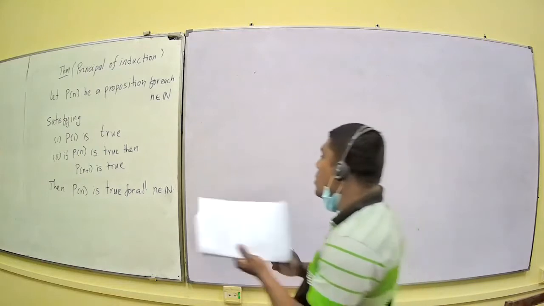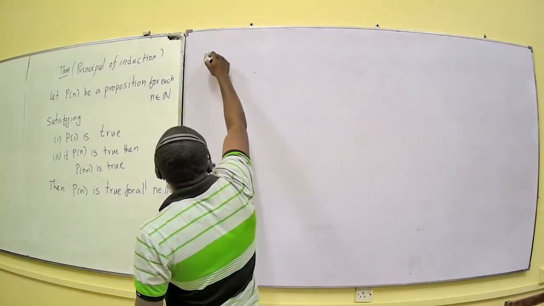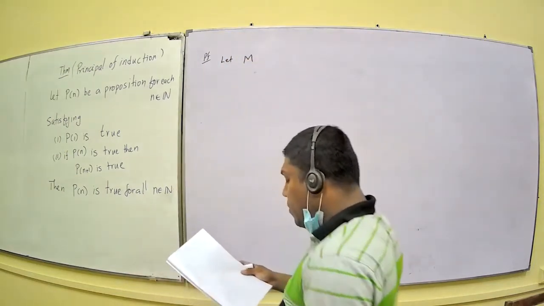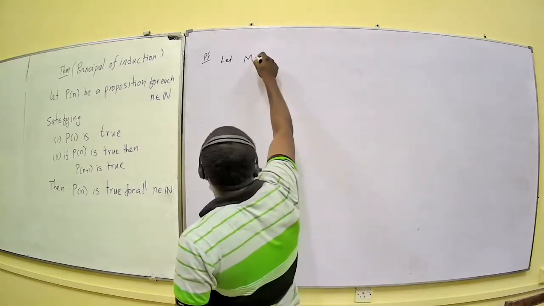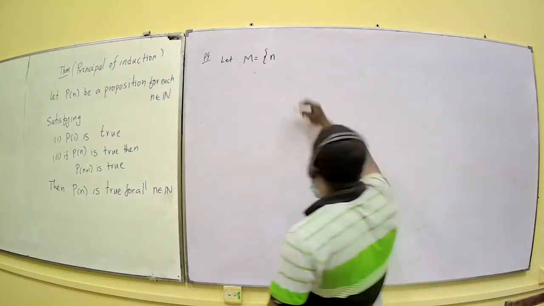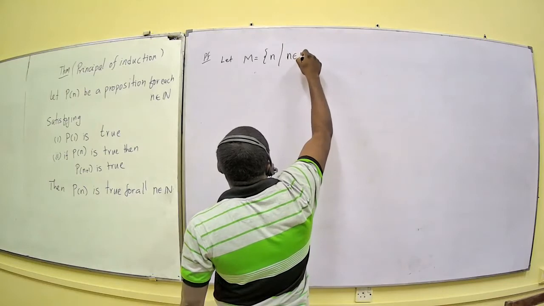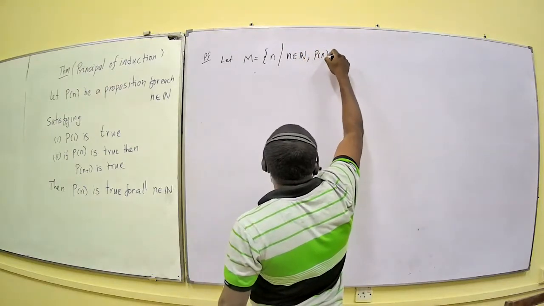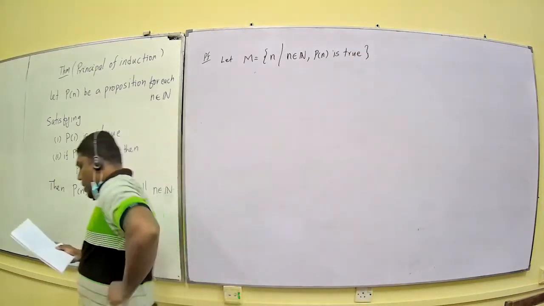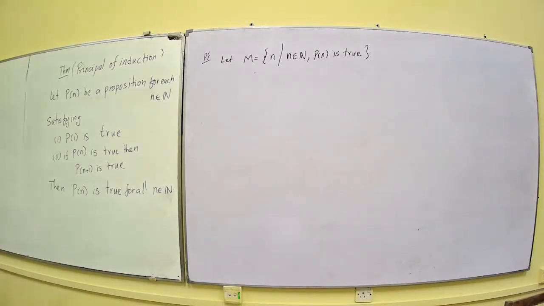For this proof we will define a capital M, which is the set of all n such that n belongs to the natural numbers and Pn is true. So you define M as the set of all numbers for which the proposition is true.